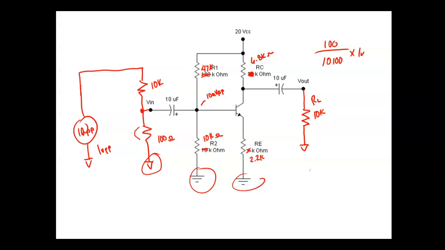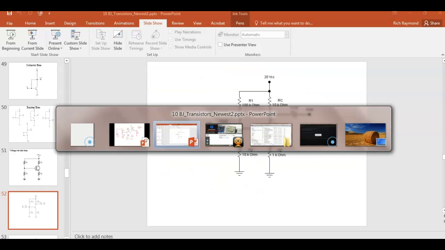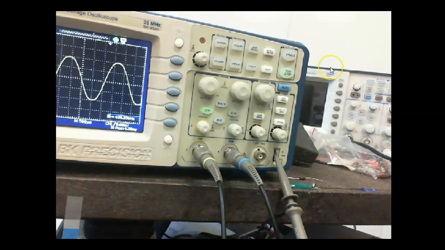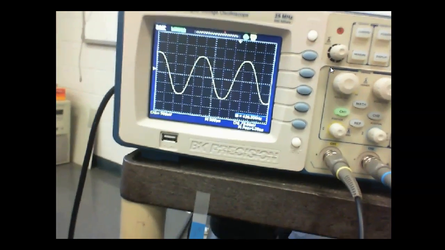The problem I have is when I come over here, I could use this function generator or the function generator that's on the trainer. So when I look at the function generator on the trainer, here's my scope.